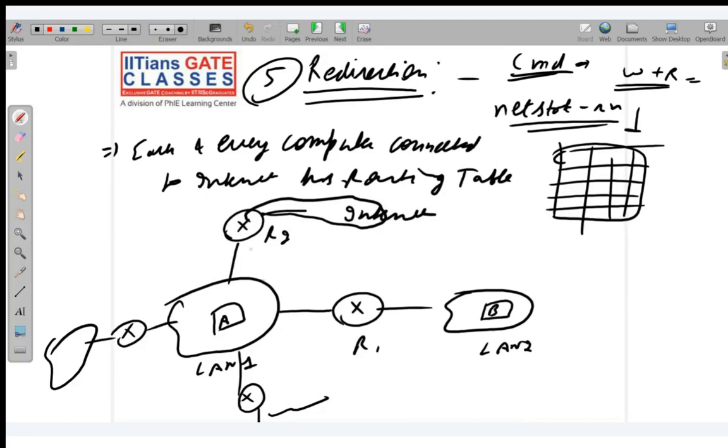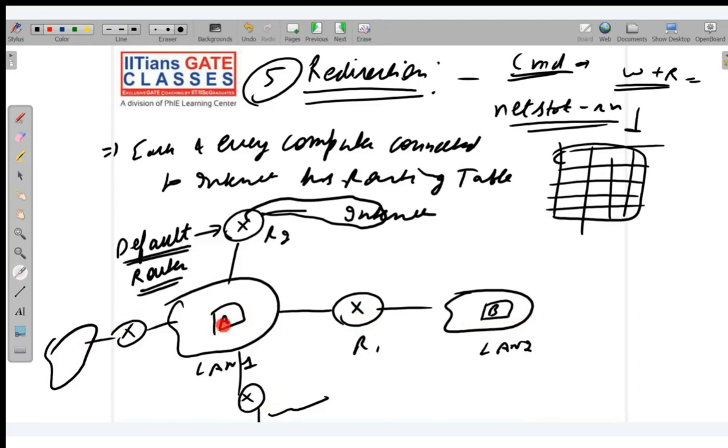The router which is connecting a LAN to the entire internet is known as the default router. So what is the default router? The default router for a LAN is the router which is connecting that LAN to the entire internet. Are you getting it? R1 is not the default router because R1 is connecting this LAN with another simple LAN 2, and another router is connecting with another LAN and so on.